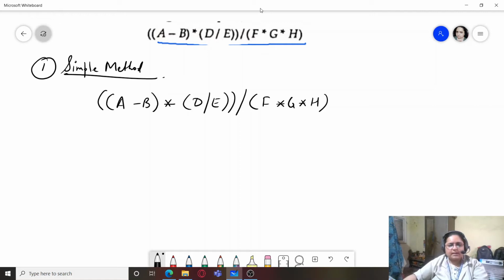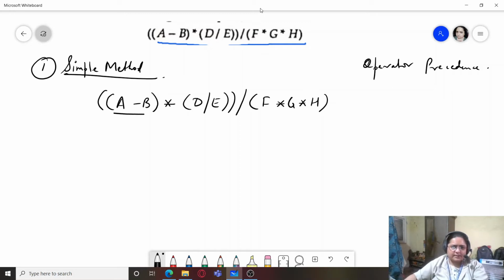So this is my expression, and in this expression, as you know, we will be following the operator precedence, that is, priority of operators. So we first start with the brackets. We have two brackets here, a bracket here and a bracket here. We will start with the innermost brackets first.